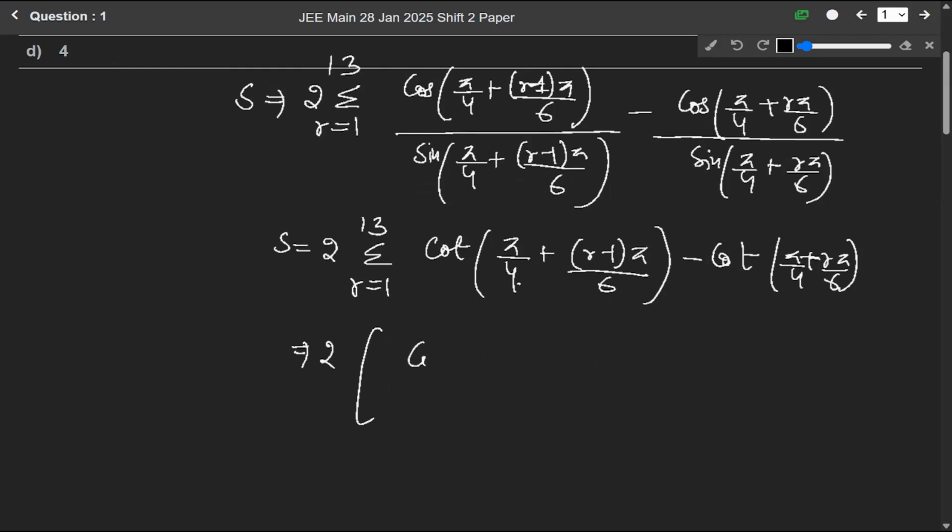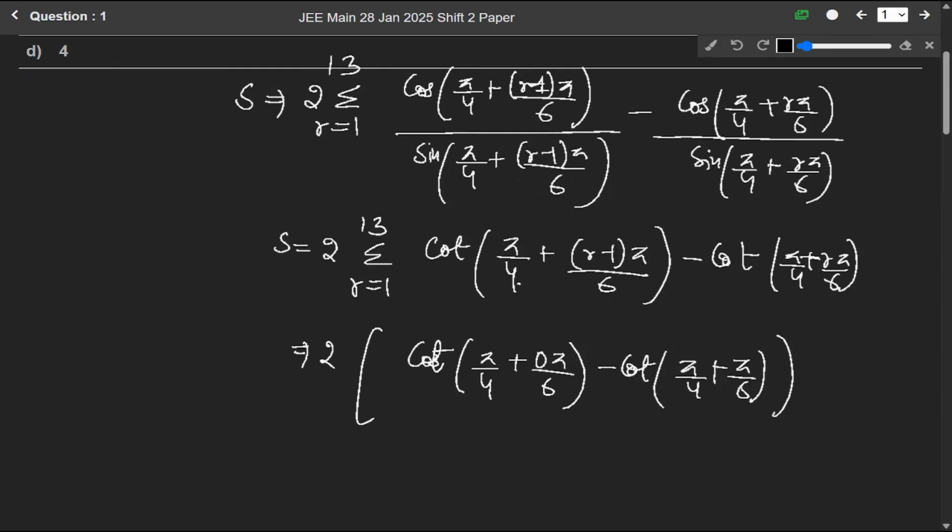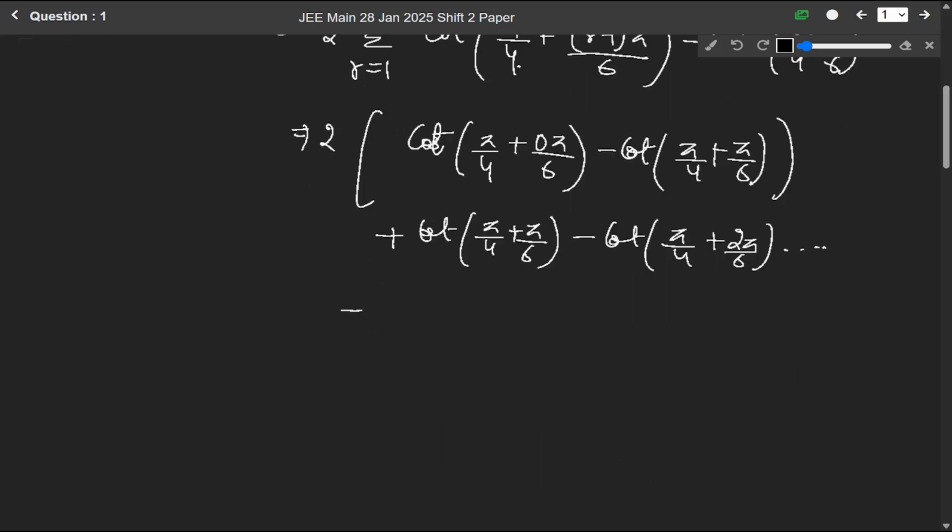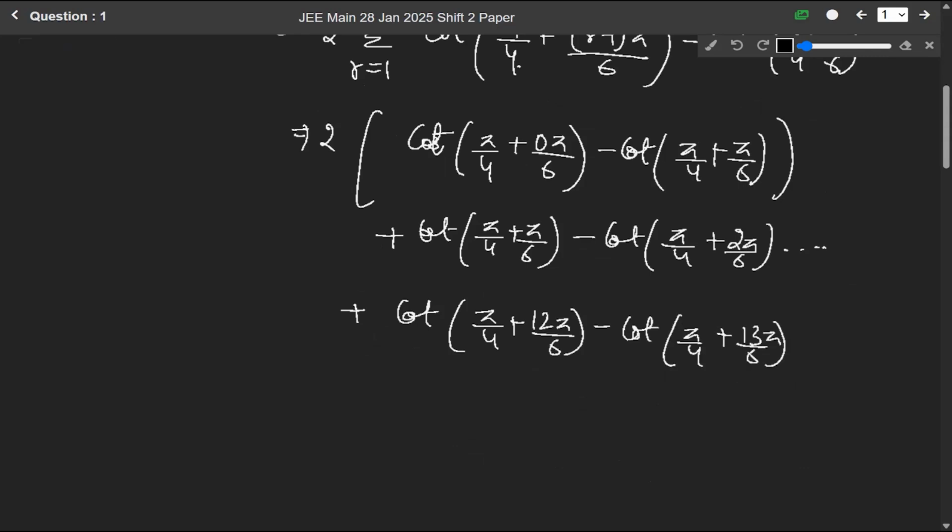So we can write it as cot(pi/4 + 0 pi/6) minus cot(pi/4 + pi/6), plus cot(pi/4 + pi/6) minus cot(pi/4 + 2pi/6), and so on, up to plus cot(pi/4 + 12pi/6) minus cot(pi/4 + 13pi/6).